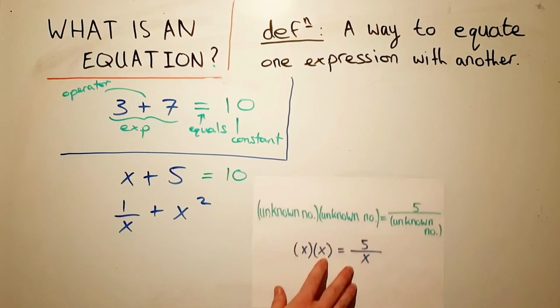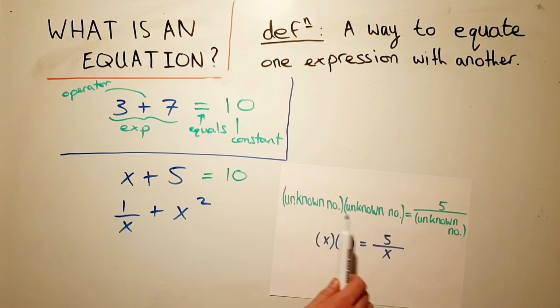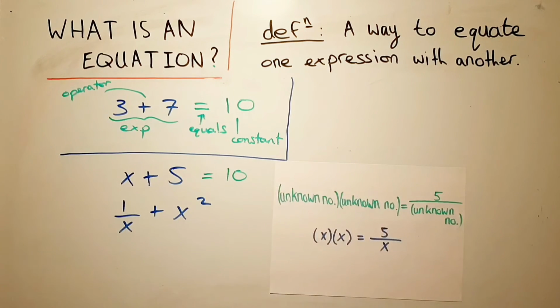Instead of writing an unknown number multiplied by an unknown number is equal to 5 divided by an unknown number, to take all those words out and how long-winded that is, why not just have your unknown number as an x, and it simplifies to x times x equals 5 over x.